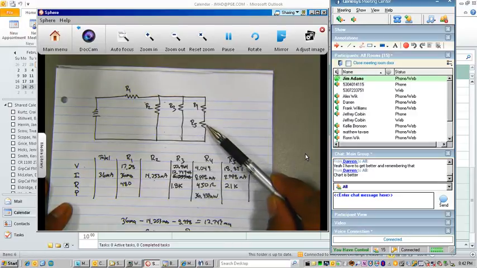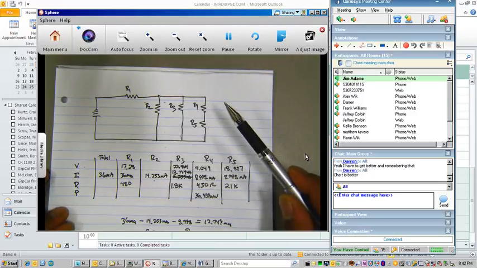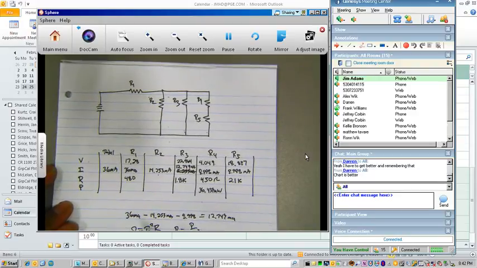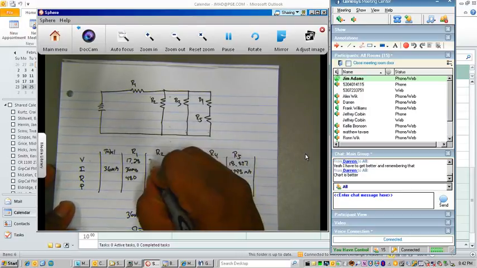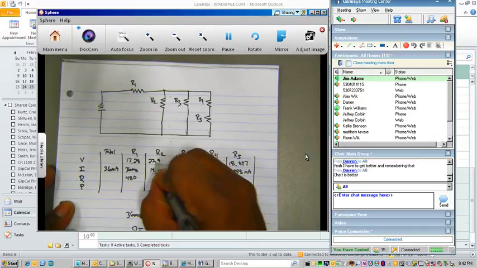So I got 4.049. Yeah, 4.049. So now if we have 4.049 volts across R4 and 18.897 volts across R5, what's the voltage across R3?